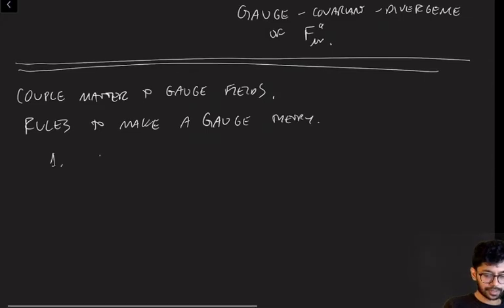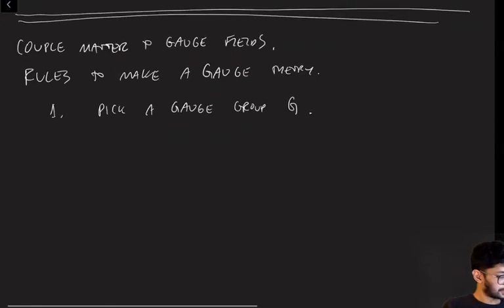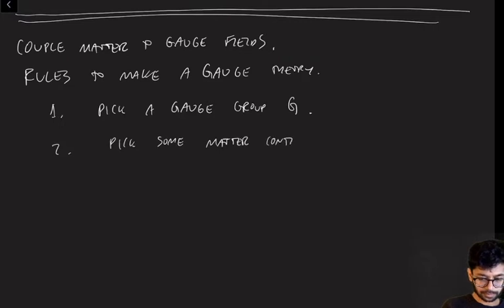Step 1, pick a gauge group. Let's call it G. Step 2, pick some matter content. For example, you might have some fermions, ψ, and so on.